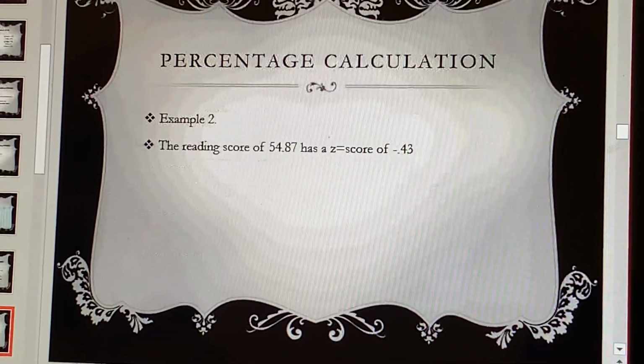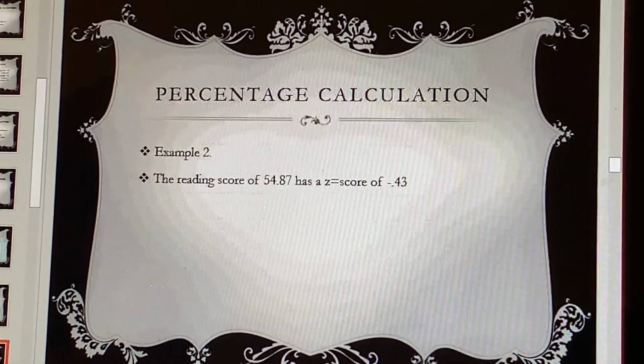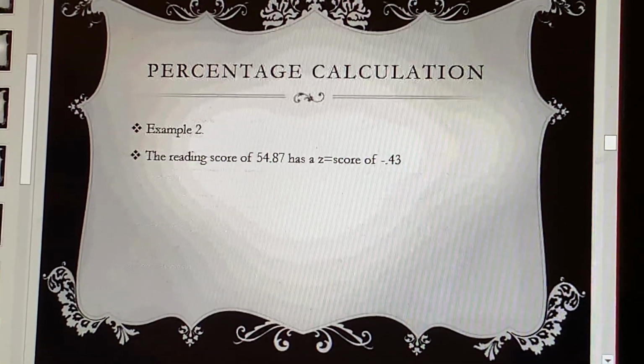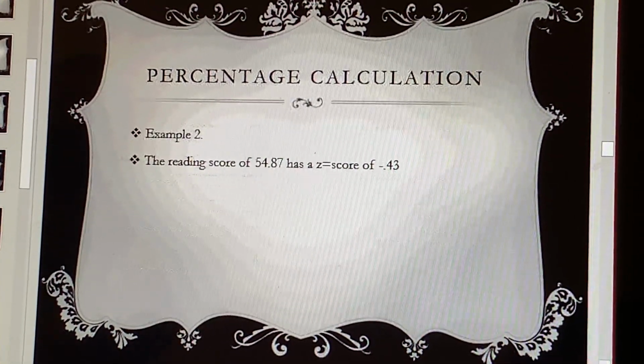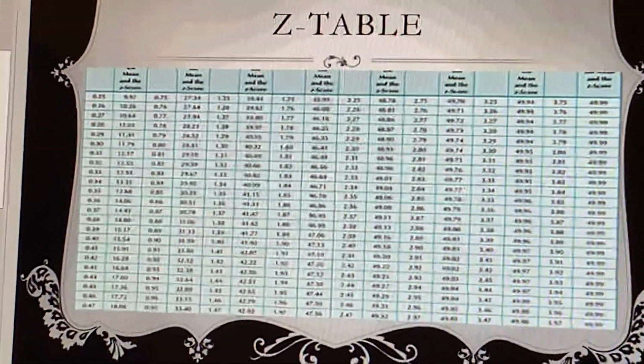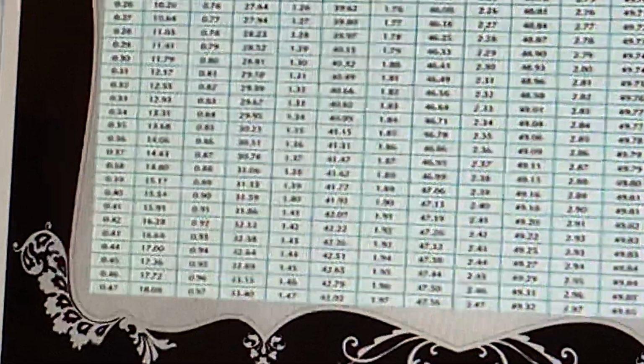The next example is a reading score of 54.87, which had a Z-score of negative 0.43. Now, when referring to the chart, we don't have a negative indicator, so negative 0.43 is approximately here.